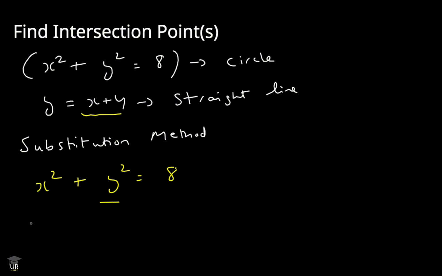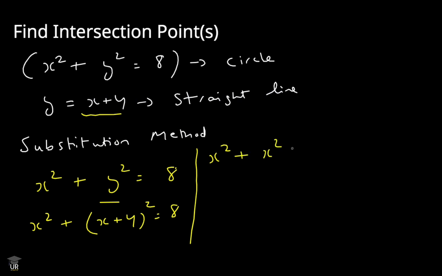So let's do it. x square plus, and in place of y, I'm going to write (x plus 4) square, is equal to 8. So let's expand this. So when we expand it, this will become x square plus x square plus 8x plus 16 is equal to 8.